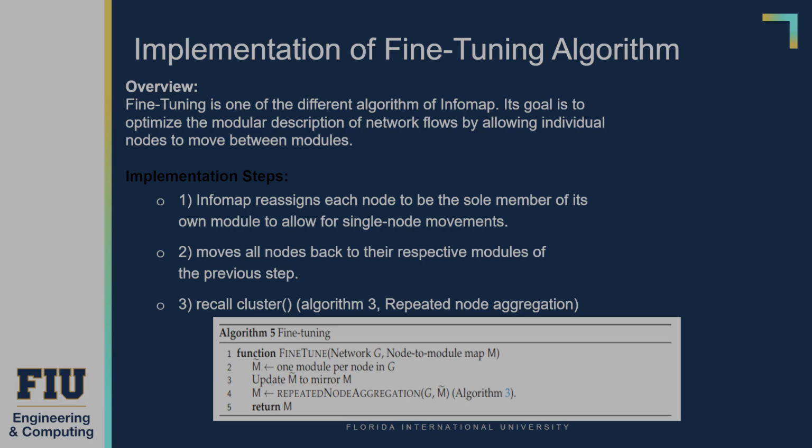Infomap reassigns each node to be the sole member of its own module to allow for single node movement. Step number 2 moves all nodes back to their respective modules of the previous step. And step number 3 reruns the core algorithm, which is called repeated node aggregation. The picture is the pseudocode of the fine-tuning algorithm from the Mapping Higher Order Networks paper.